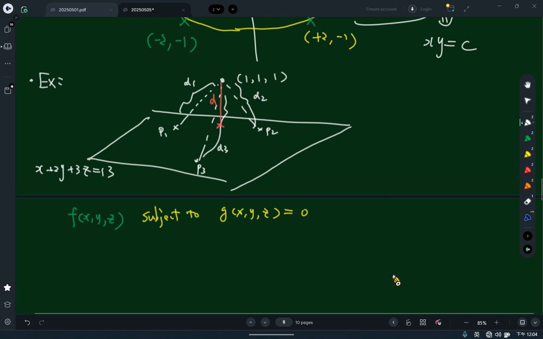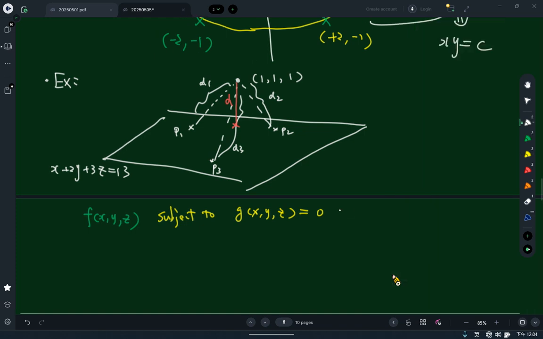Then we can use the Lagrange multiplier. We try to use the Lagrange multiplier to solve the problem.